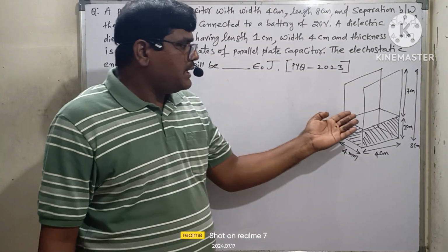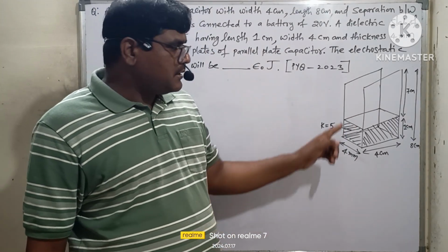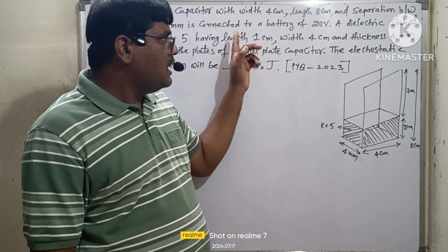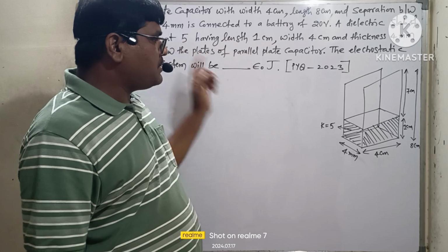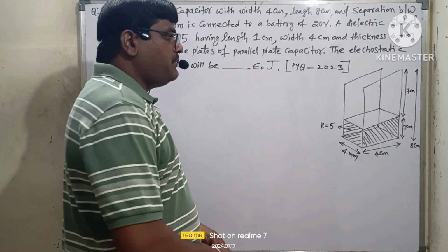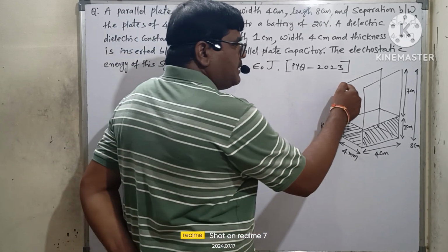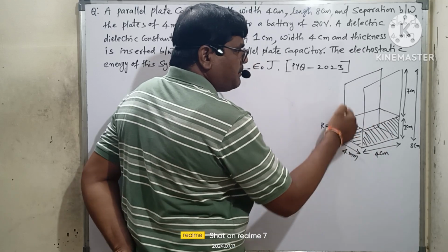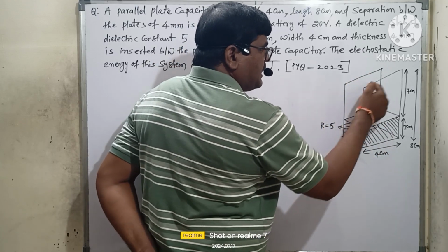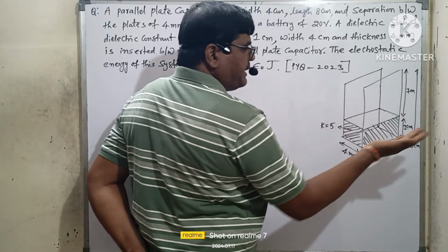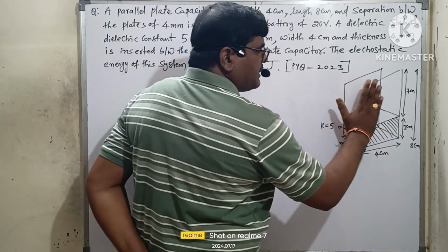The diagram is actually not given in the question. We have to assume or imagine it. From this question we can imagine that this is maybe the diagram. See, this is one plate of the capacitor, and this is the other plate of the same capacitor: first plate, second plate.